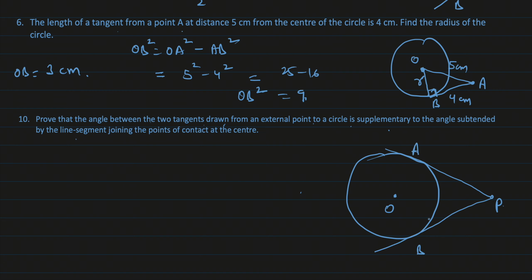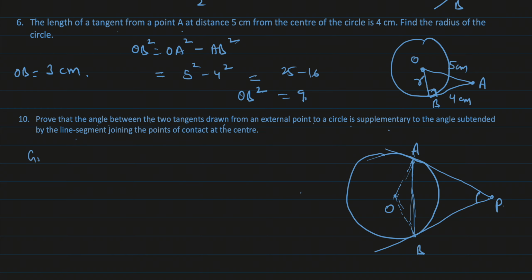Prove that the angle between the two tangents, so we are talking about this angle APB, from an external point P to a circle is supplementary to the angle subtended by the line segment joining the points of contact, A and B. And this is subtending an angle at the center. This AB is making angle AOB at the center.